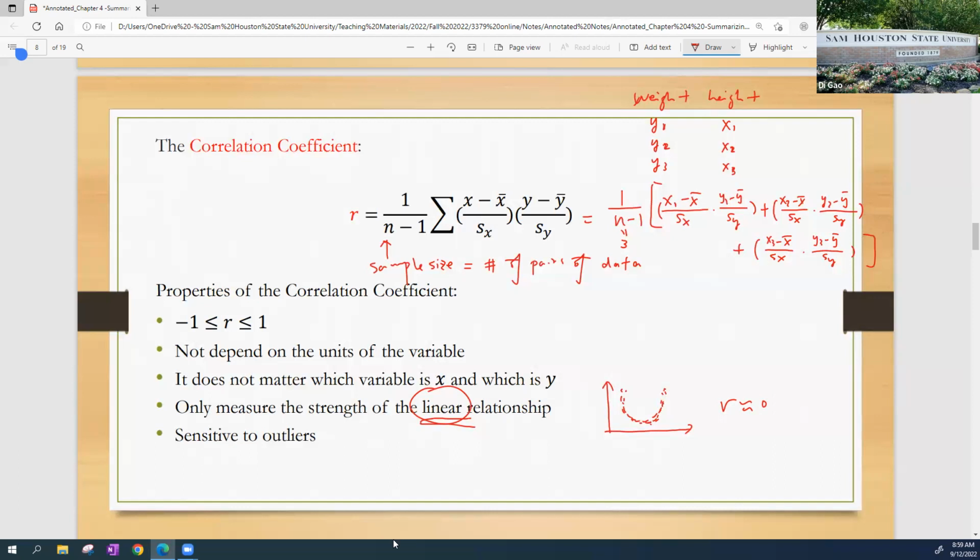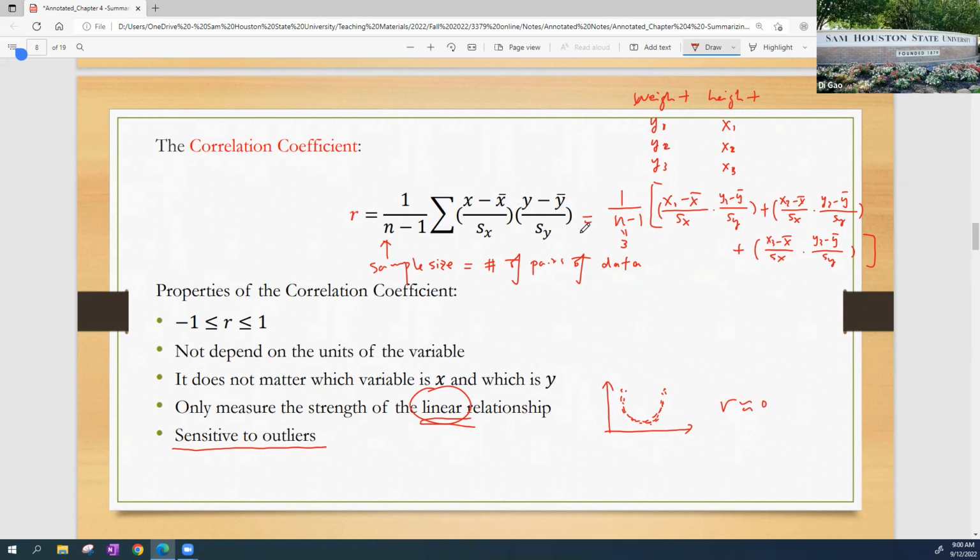And this is sensitive to outliers. If we have an extreme value, we're going to take the extreme value into consideration because we use that number minus x bar, and also x bar and y bar. They're sensitive to the outliers, as well as the standard deviation. So that means R, the correlation coefficient, is also sensitive to outliers.